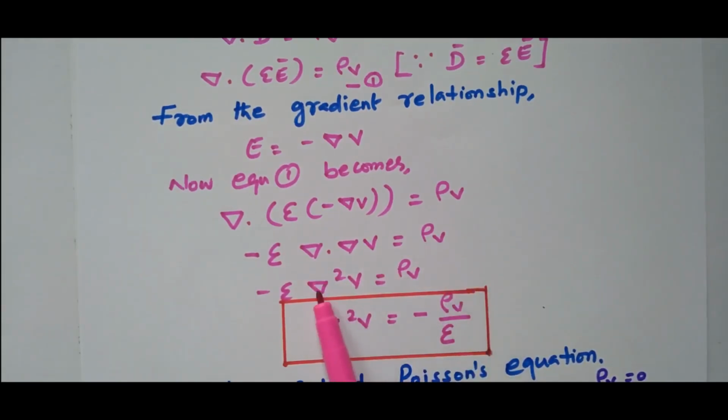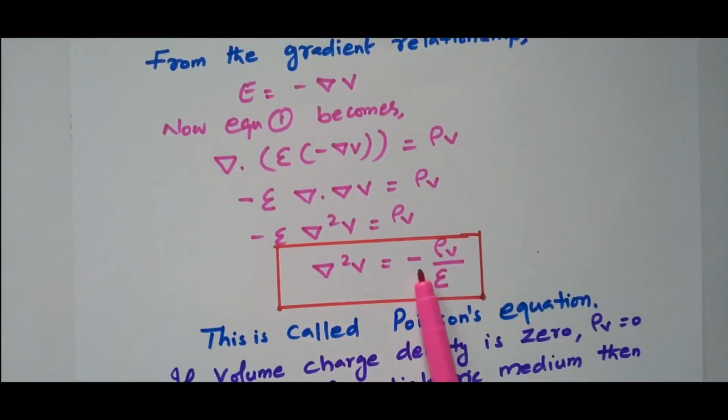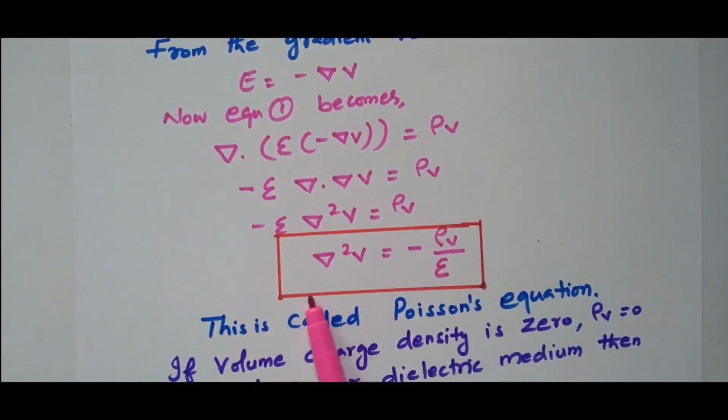So that is nothing but minus epsilon del square V equals rho v. Right. So that can be written as del square V equals minus rho v by epsilon. Right. After simplification, what we got? Del square V equals minus rho v divided by epsilon. So this is nothing but the Poisson equation. This equation is represented as the Poisson equation. Right.